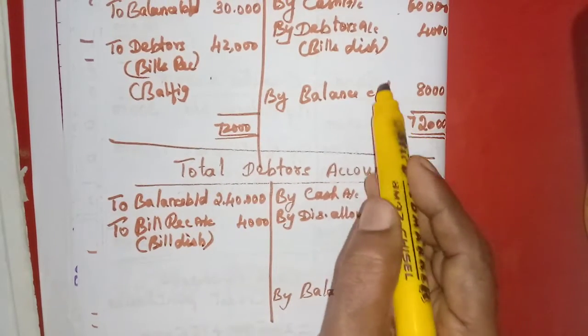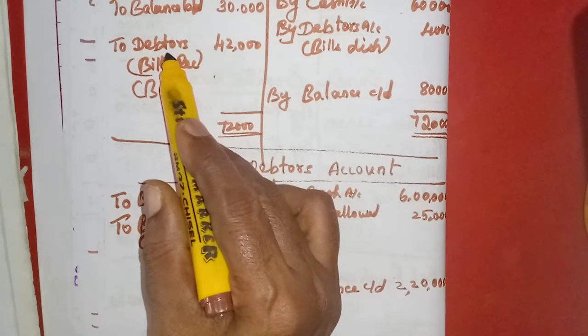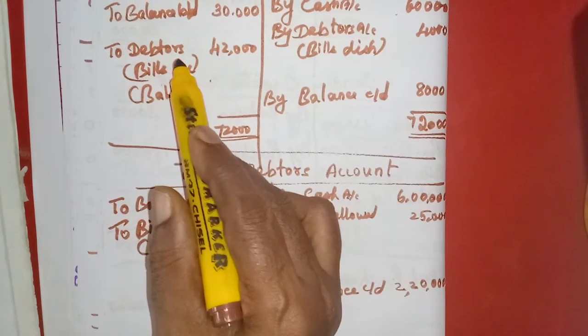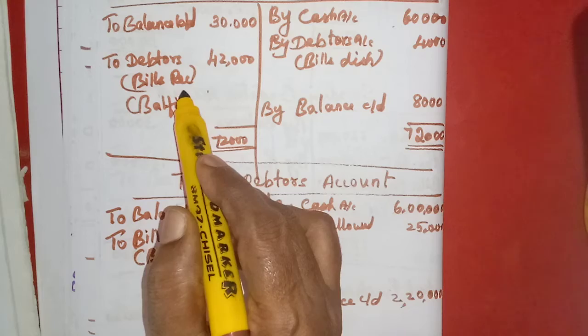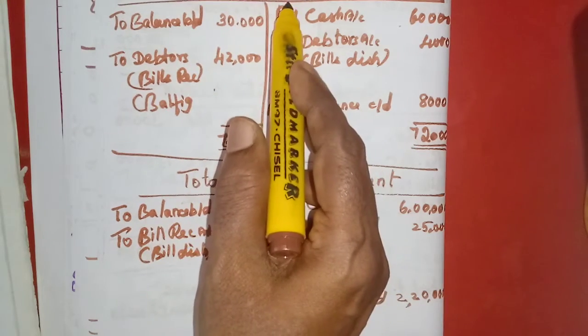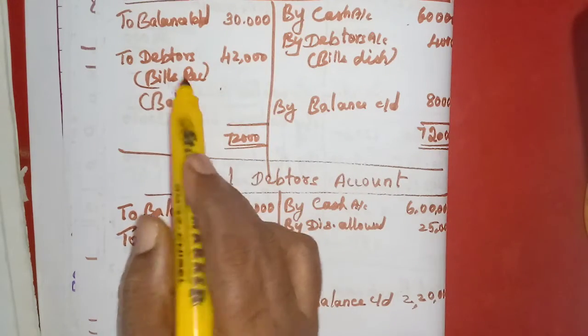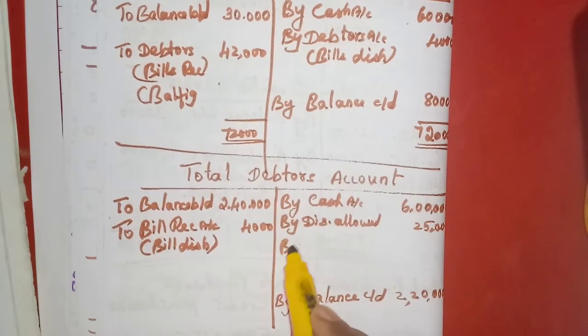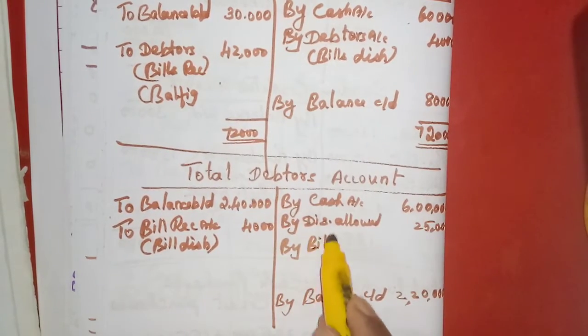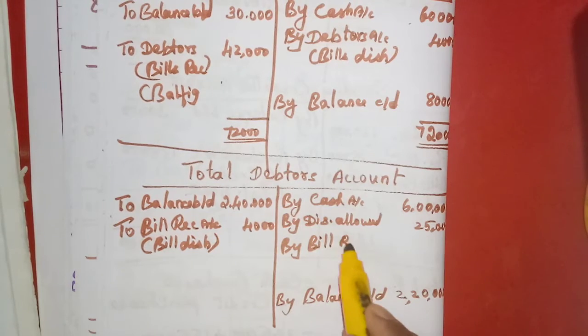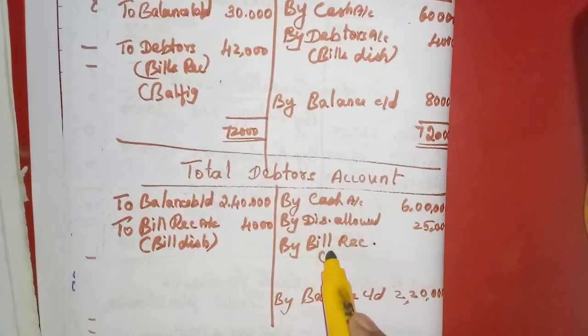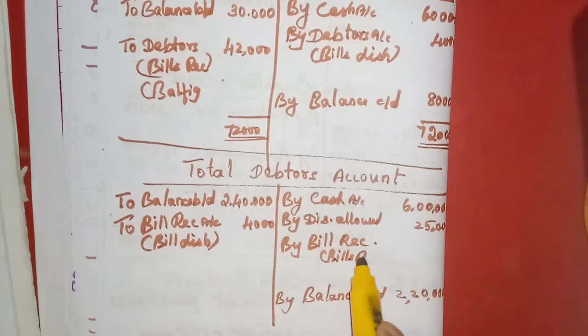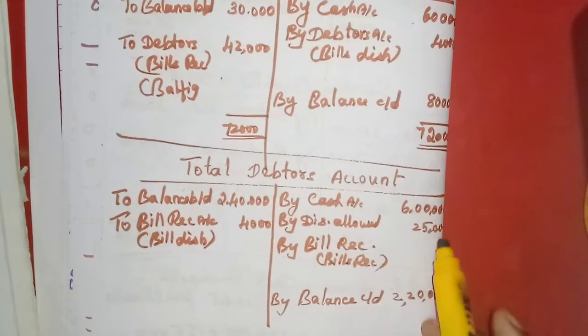Then here, this one we have written. I think we can write this one also: bills receivable received. Bills receivable account debtor to debtors, debtors credited. So by bills receivable, here we can write bills received, 42,000.